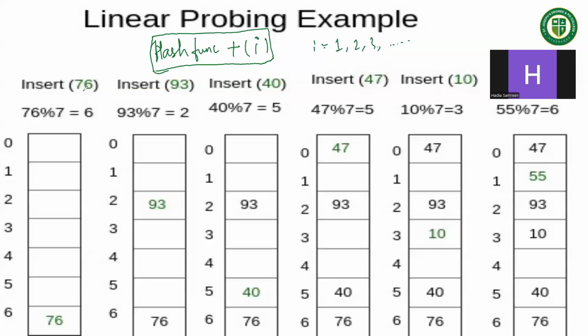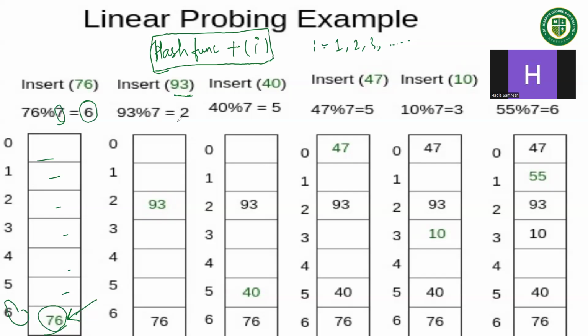First of all, there are 1, 2, 3, 4, 5, 6, and 7 memory locations. That is why we are using 7 to do the modulus operation. So 76 modulus 7 equals 6. 6 is not already occupied, so it is available. We stored 76 at the 6th position. That is done.